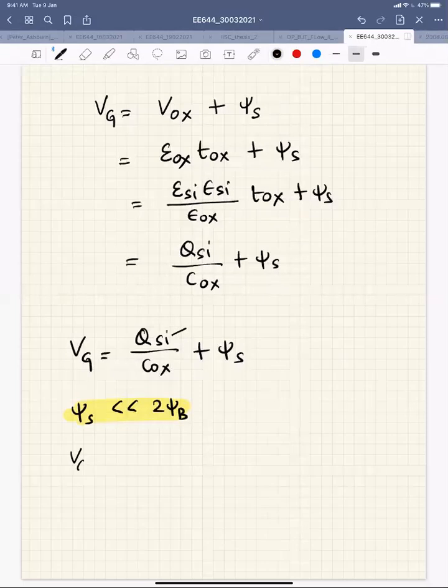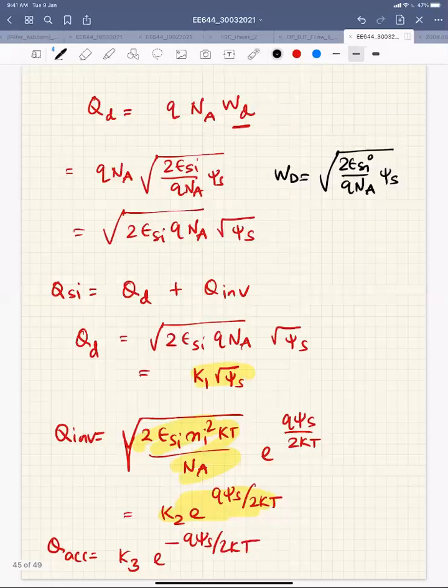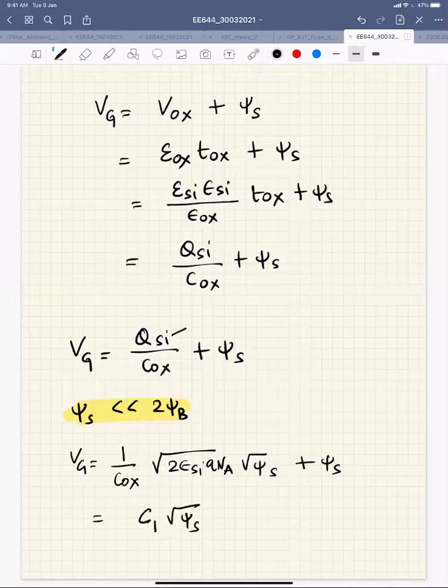So your Vg will be 1 by Cox times the depletion charge, which is root of 2 epsilon si q Na psi s. So this is nothing but some constant times root psi s, plus psi s, right?